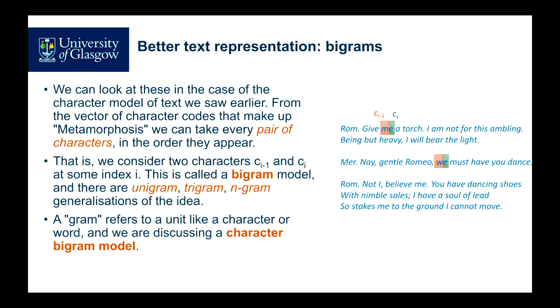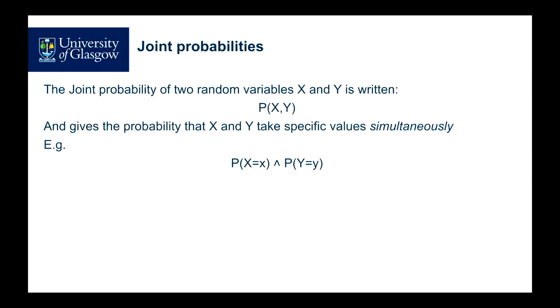You can do the same thing with words, where you'd look at pairs of words. I'm just going to stick to characters, because then we simplify things and we don't have a vocabulary that is too large. So effectively, what we're discussing here is a character bigram model. But again, everything we're going to do here could work with any other bigram.